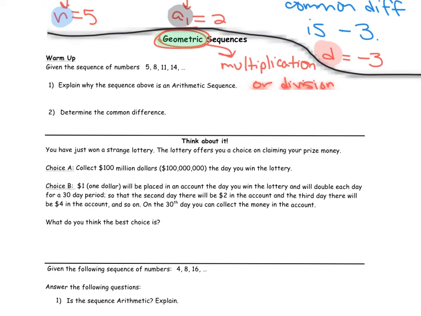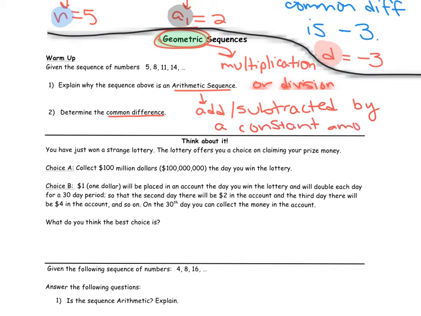So let's take a look at the first warm-up example. We're given the sequence of numbers 5, 8, 11, 14. The question says, explain why the sequence is arithmetic. Determine the common difference. So again, you have to remember what arithmetic means. Arithmetic means it's either being added or subtracted by a constant amount.